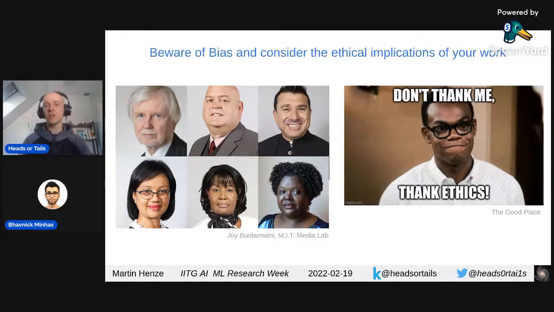When it comes to very questionable applications of machine learning, like predictive policing, for example, which is a very hot topic, or even the YouTube algorithm, which has been found to lead people down rabbit holes of radicalization, just for improving the number of clicks. So there's an ethical aspect to our work that we should not ignore, and that we should always be aware of.